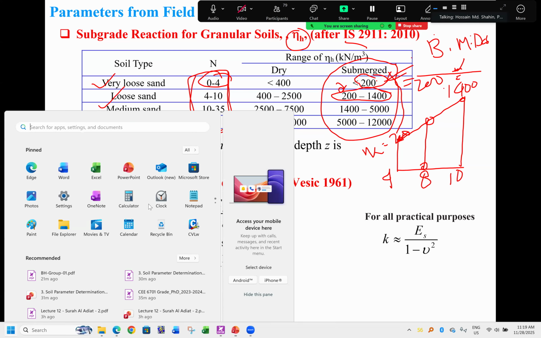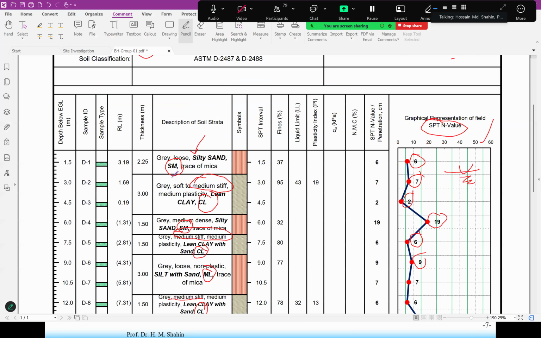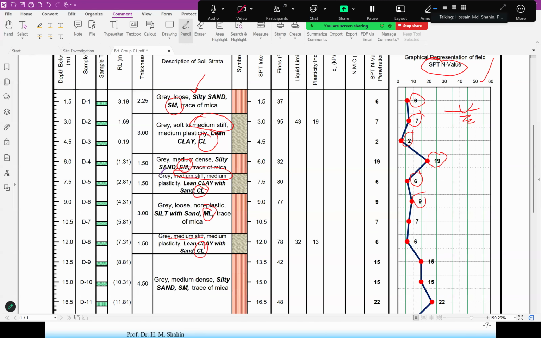So again, come to here. Now you see, here he gave is good because it's given. Only 2 parameters are here for clay CL: SPT N value 7 and SPT N value 2.